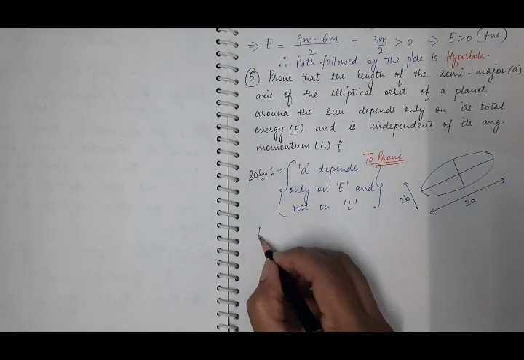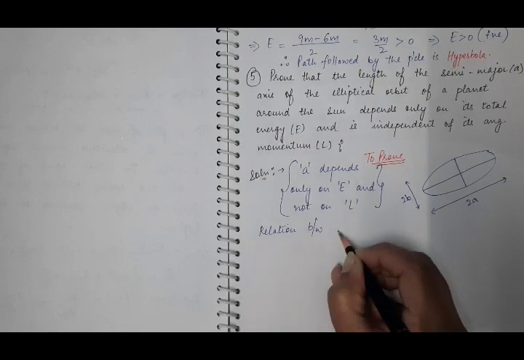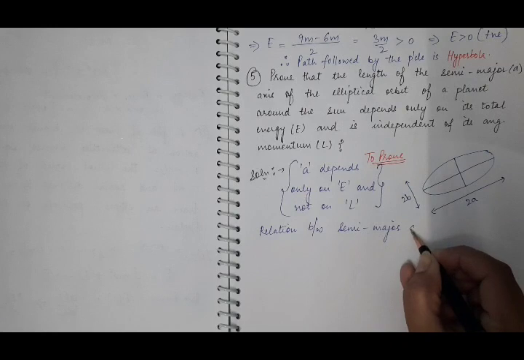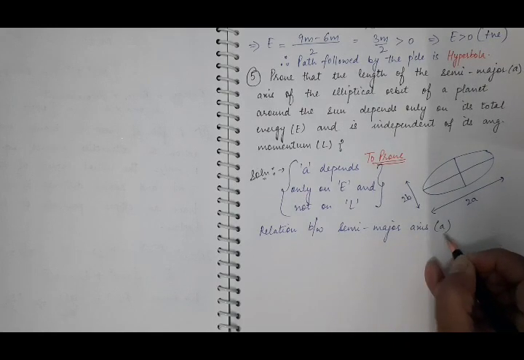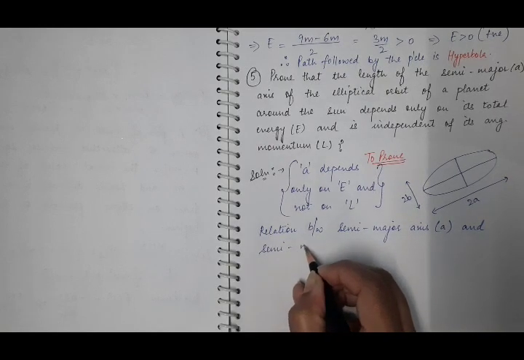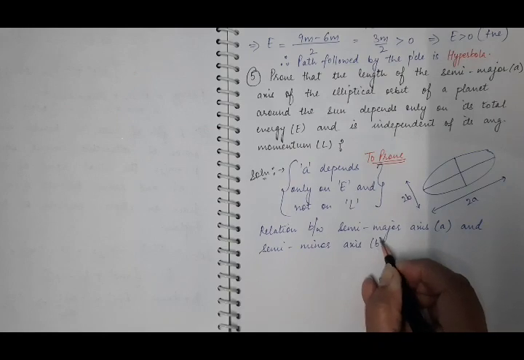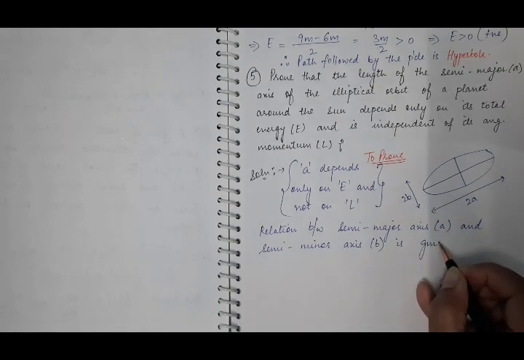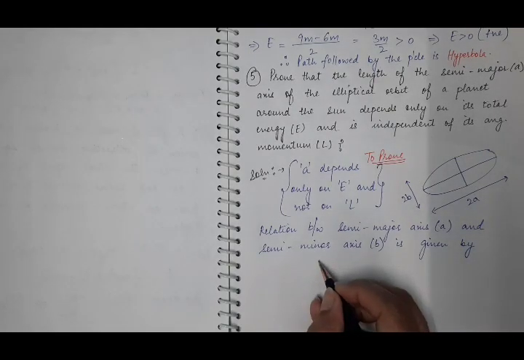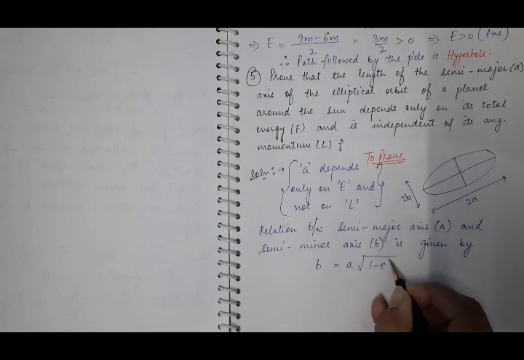The relation between the semi-major axis, that is A, and the semi-minor axis, that is B, in case of an ellipse, is given by B is equal to A root 1 minus E square.